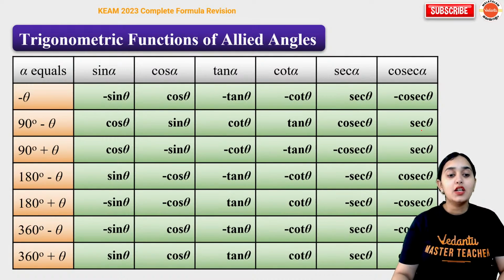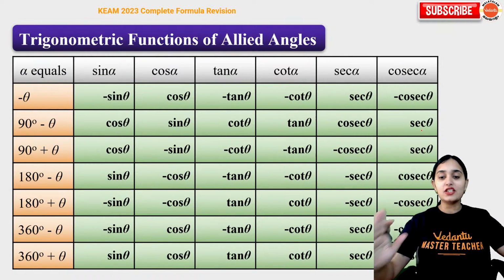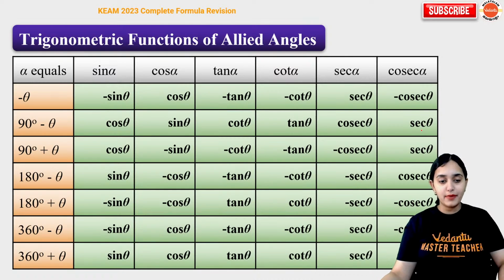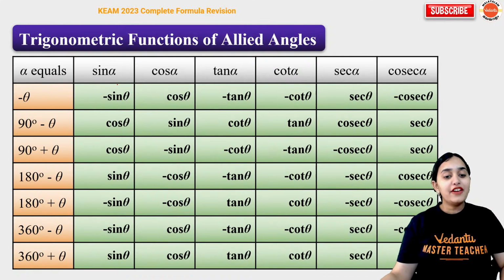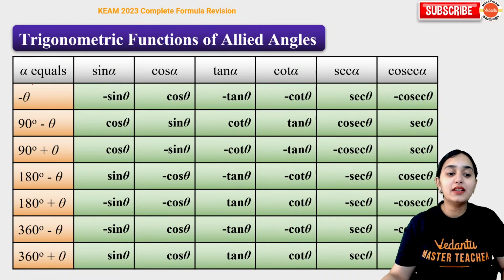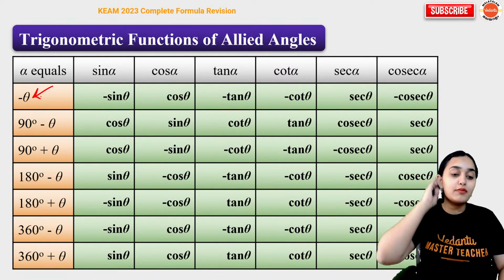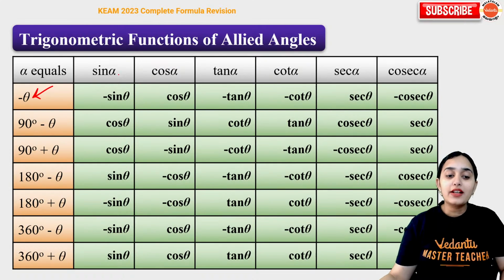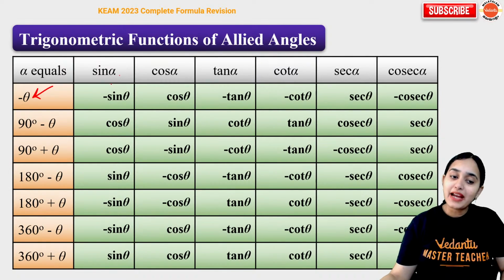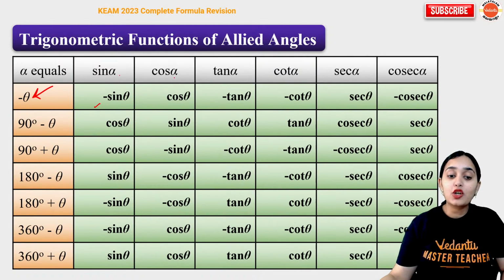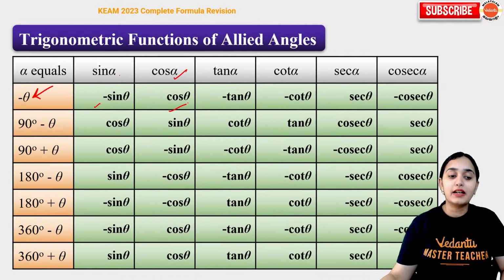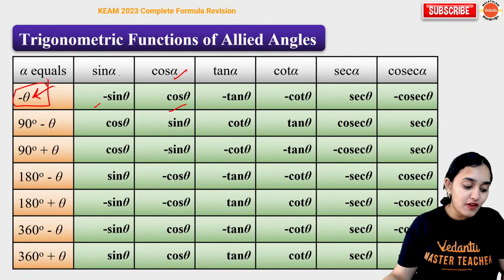Again, here is the complete chart for you to remember. If you are doing negative of the angle, that is, minus theta, sine of minus theta is minus sine theta, but cos of minus theta is cos theta. Do you understand the meaning of minus theta?